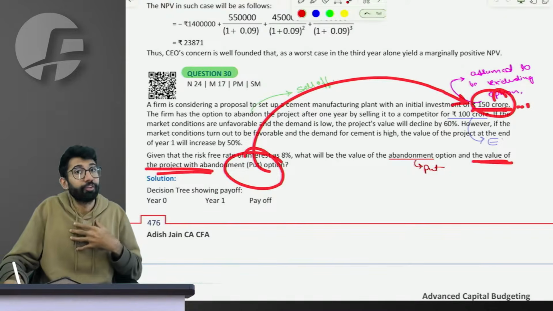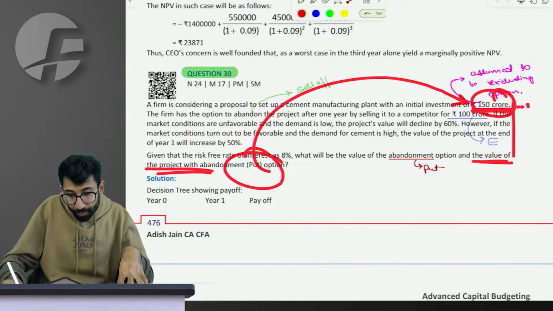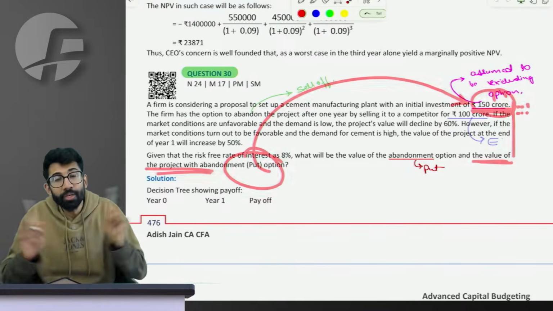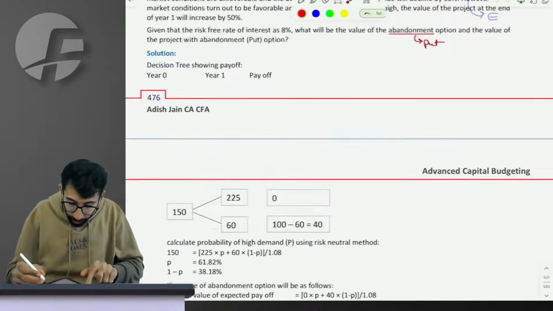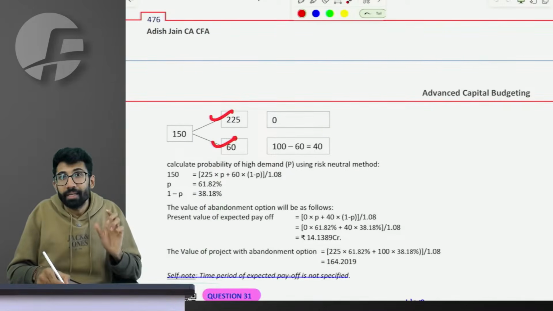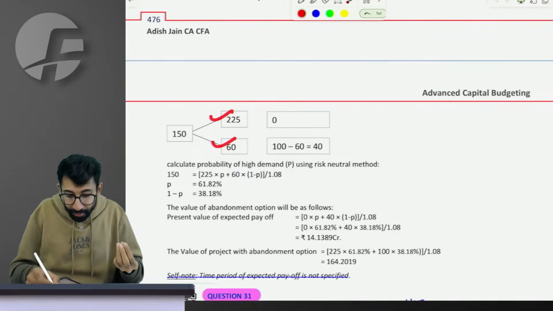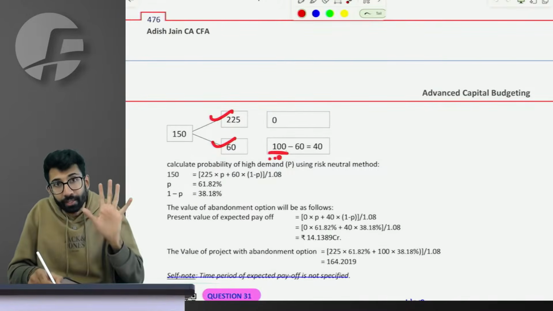If I buy, I have to pay 150 crores. But at this price of 150 crore, I don't get an abandonment option. Whether the value of the project becomes 225 or 60, I cannot sell it at a price of 100 because that option I don't have right now.